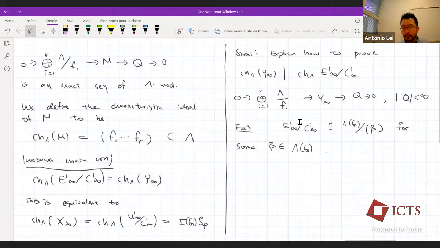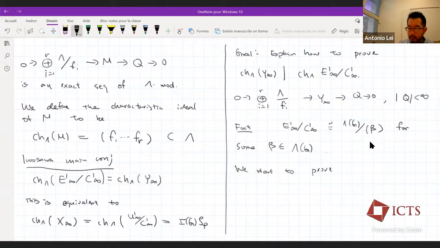And this E1 infinity is not too bad either. And in fact, you can show by some control theorem again, by going from your whole tower to finite level, you can try to understand the structure of this quotient, and it turns out to be a cyclic module. So the goal is, we want to prove that this product of Fi should divide this beta. Okay.